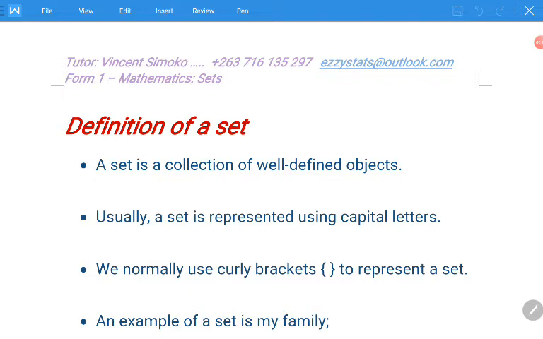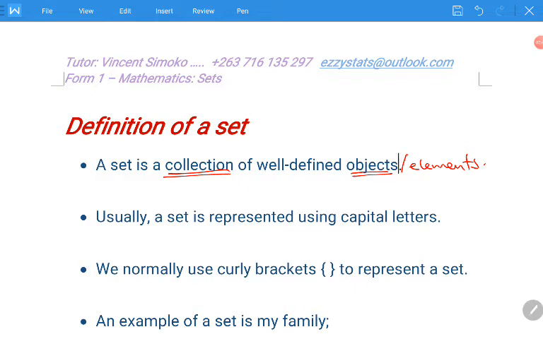According to the definition that I have here, a set is a collection of well-defined objects or elements. This is a simple definition of a set, and it's straightforward.